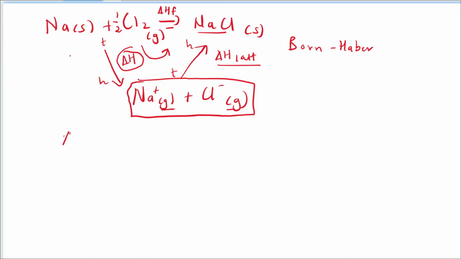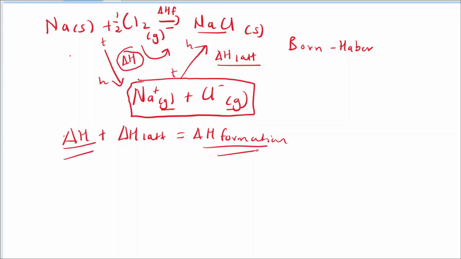Okay, so this will be our general equation. Most of the time we calculate this using values which were given, and most of the time this is given as well. So it can be either way. They might ask you to find formation, they might ask you to find lattice energy, but whatever the case, we will have two values and we'll have to find the third one.